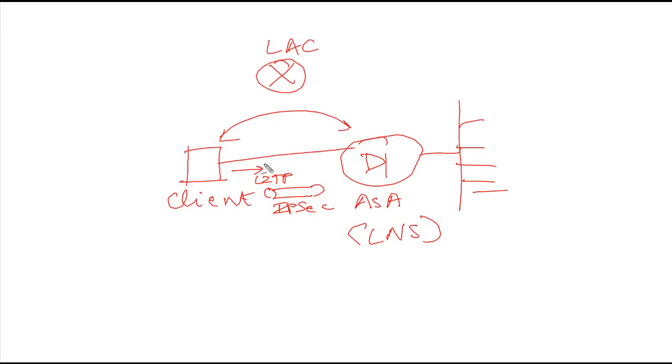The inbuilt Windows L2TP client, which is present in Windows 2000 and the rest of the flavors, is more than enough for this L2TP over IPSEC tunnel to work. Now that we've got the basics understood, let's get right into the configuration.